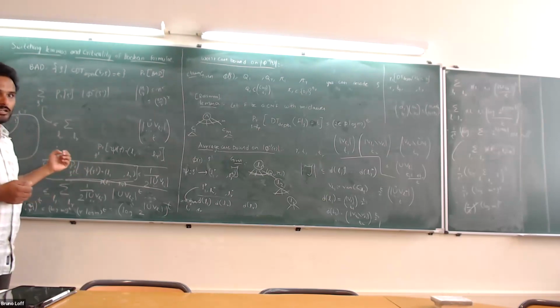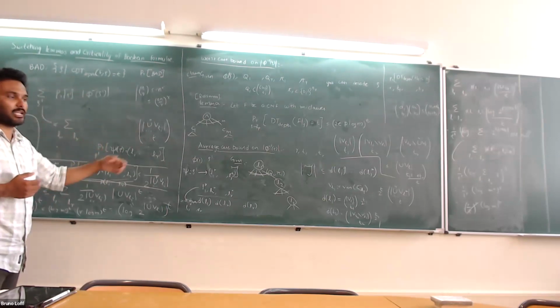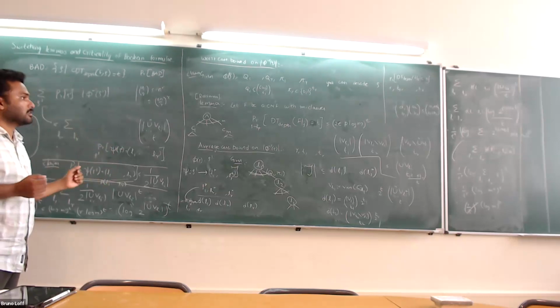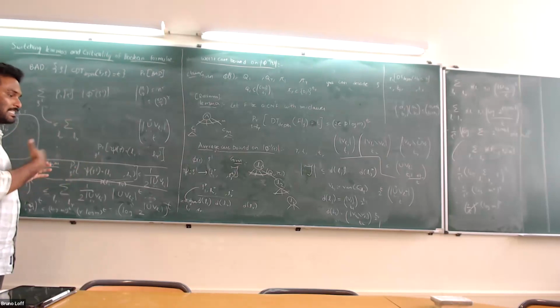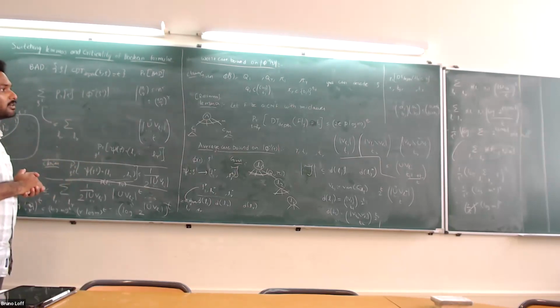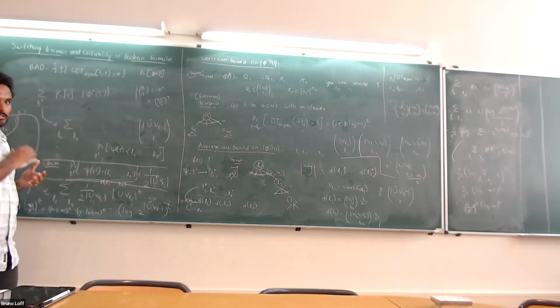Then someone asked, okay, AC0 circuits cannot compute parity, but can they approximate parity? And Hastad in 2014 comes up with a multi-switching lemma and shows that parity cannot be approximated by AC0 circuits as well.